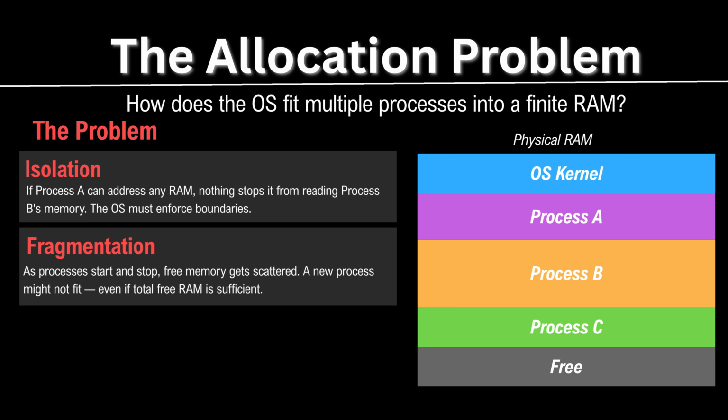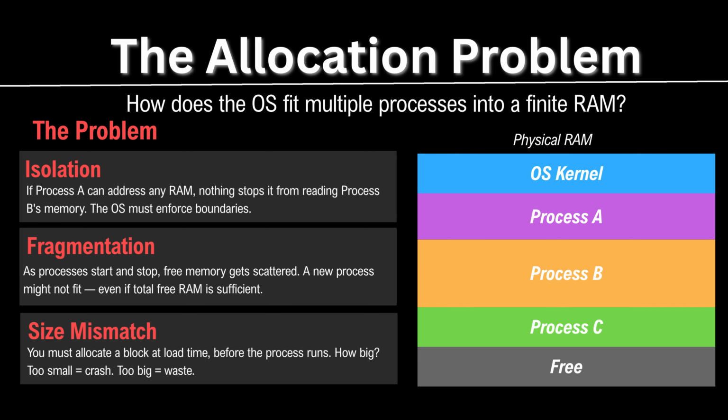A new process might not even fit even if the total free RAM is sufficient. Third, size mismatch. You have to decide how much memory to give a process at load time before it even runs. Too small and it crashes, too large and you waste RAM. These problems drove the need for better mechanisms, which we will get to.